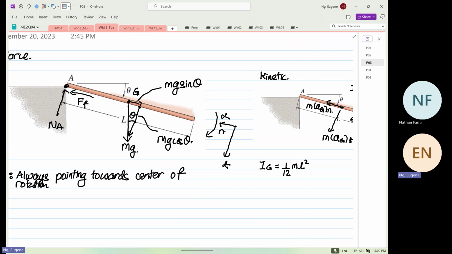I make my life easy deliberately so that all components will be on the N and T orientation, so I don't need to sine, cosine theta.